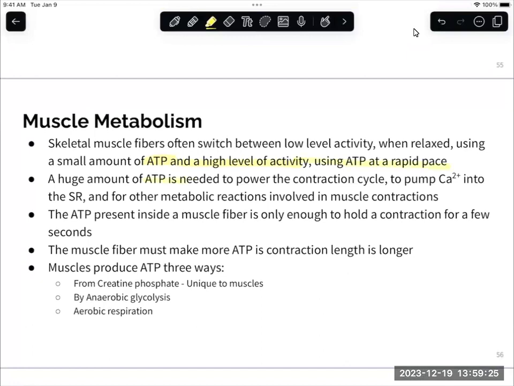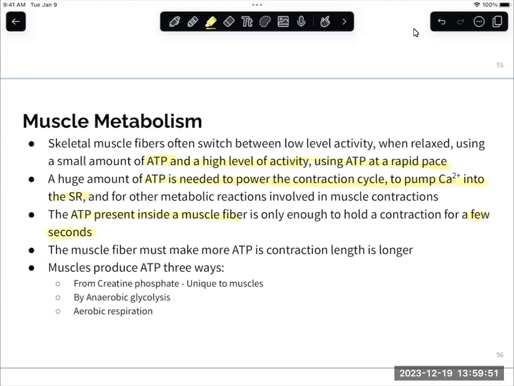It is used to pump calcium back into the sarcoplasmic reticulum. And we also store a little bit of ATP that can give us a few seconds of a muscle contraction. So we have to make enough ATP to maintain muscle contractions.